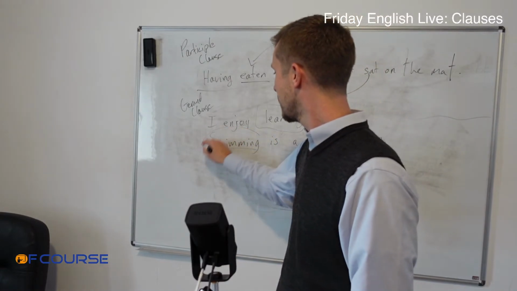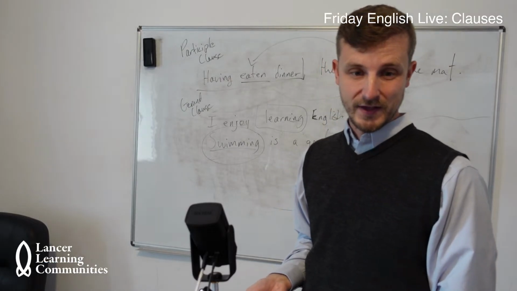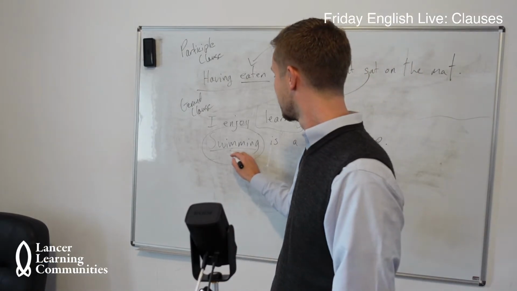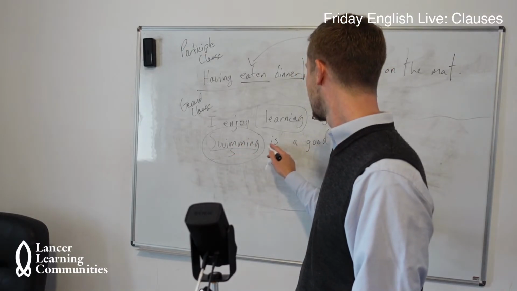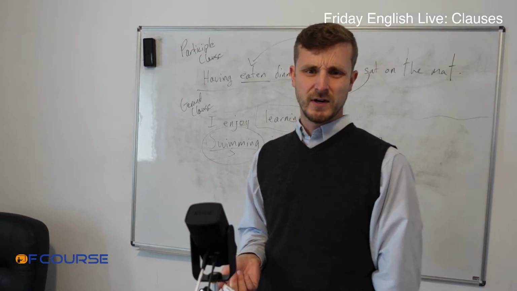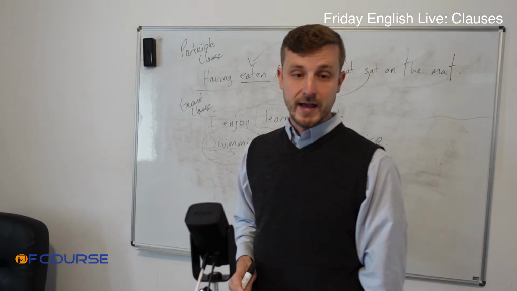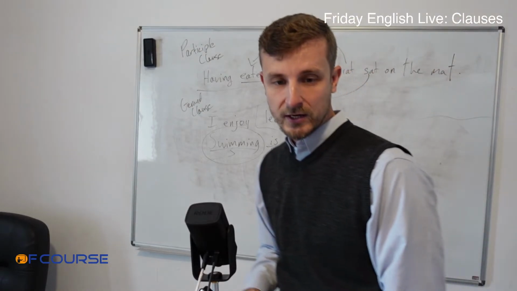Notice we turn a verb into the noun of the subject. So swimming now becomes the subject. This is the verb, and good exercise. Now, can we do this with other verbs? I see someone says, I joined in learning English.